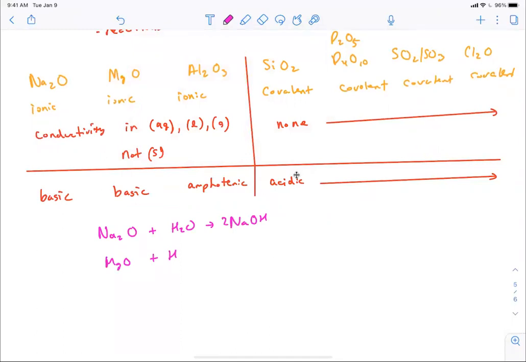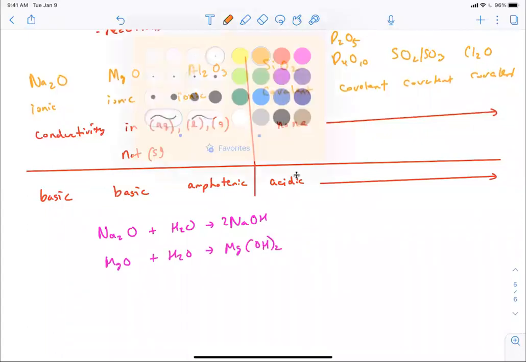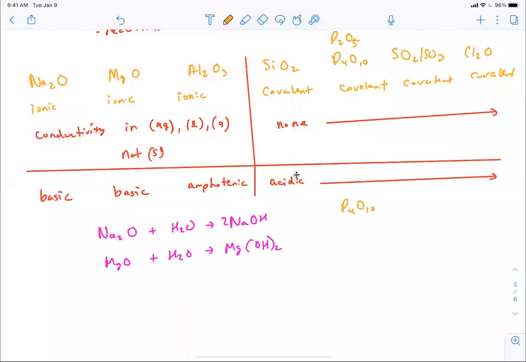Some of the non-metal oxides react to form very common acids: P4O10 forms phosphoric acid, SO2 will form H2SO3, and SO3 will form H2SO4. So you may have to justify your reactions here with that.